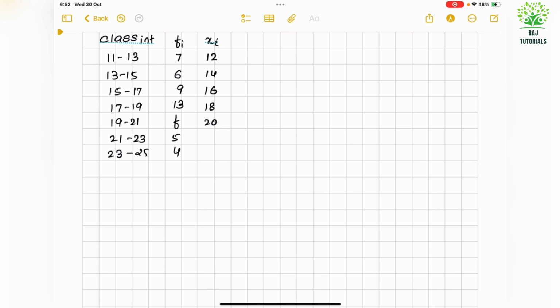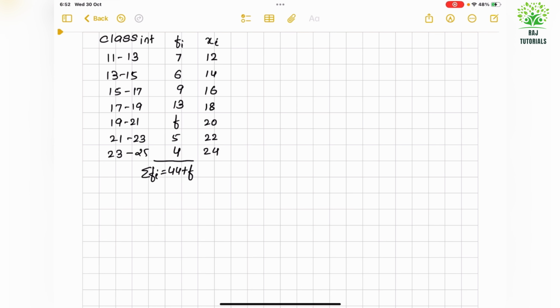I will have 21 plus 23 divided by 2. So 21 plus 23 will be 44 divided by 2 will be 22 and 24. So if I do sigma fi, I will have 44 plus f.